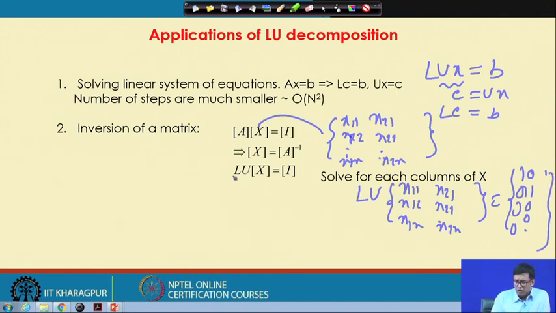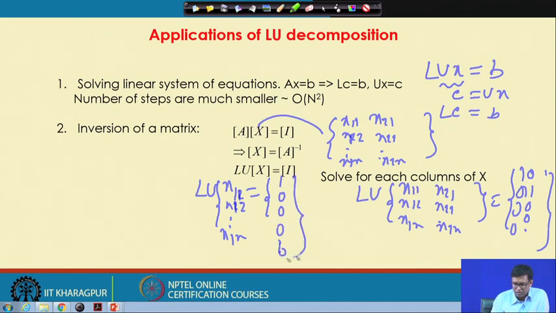Now, we solve for each column of X. Like I solve LU x1 = [1 0 0 ... 0], where x1 has entries x11, x12, up to x1n. I solve an equation like this, and I will get x1, because the solution of LUx = b is simpler than solving Ax = b.